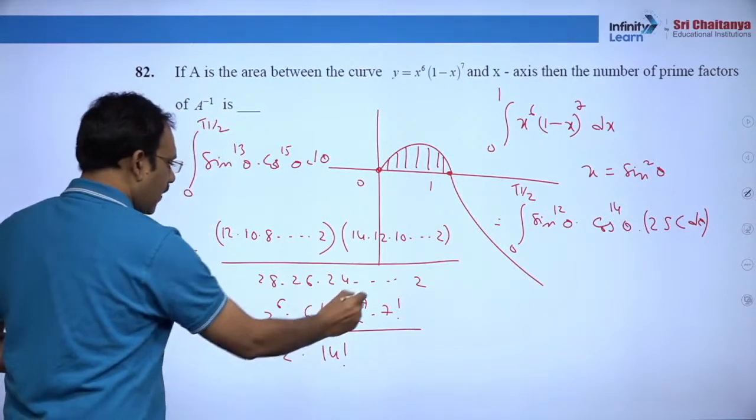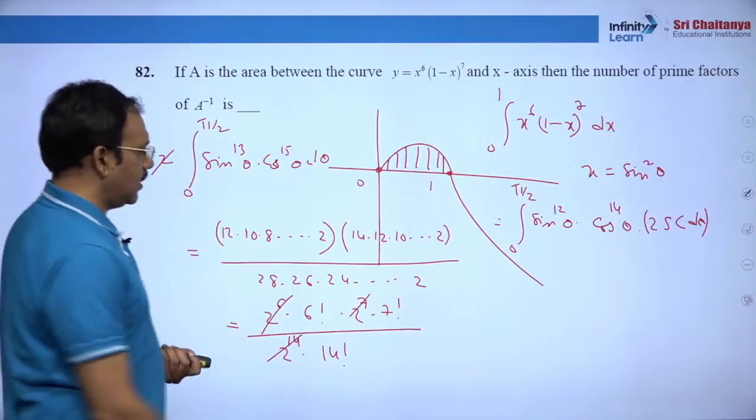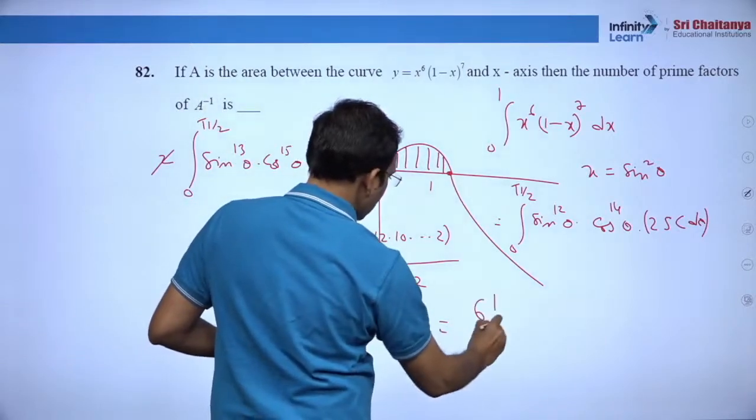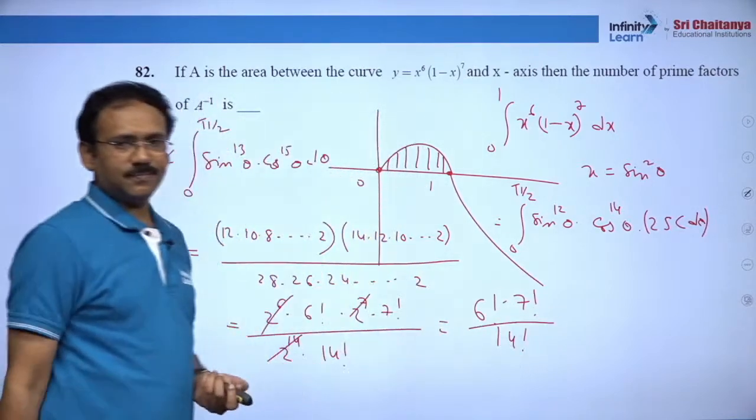So, this is 2 power 13, 2 will be left here, these two and these two got cancelled, this is going to be 6 factorial into 7 factorial by 14 factorial you will get.